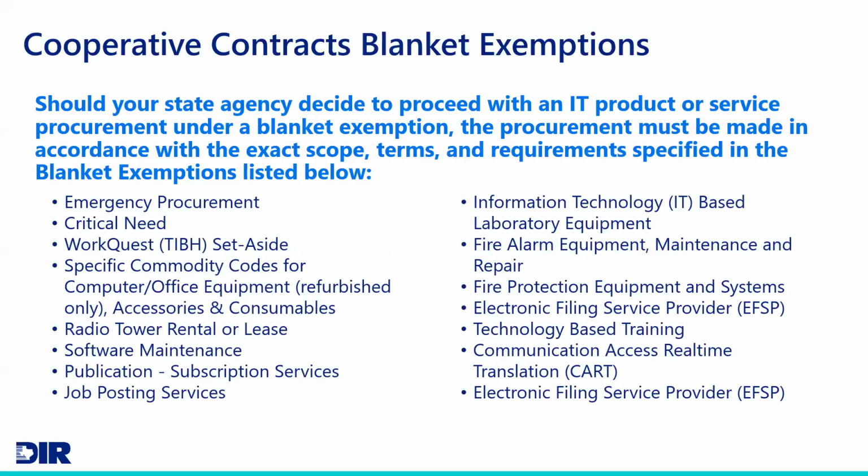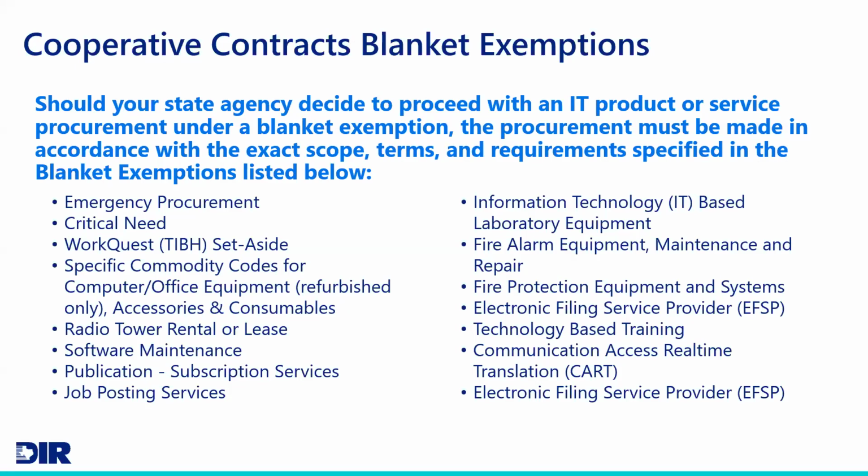We do have several blanket exemptions already in place for state agencies that cover you for certain IT products or services that you may need to procure. Those include things like emergency procurements, critical needs, the WorkQuest set-aside exemption, things like radio tower rental or lease. There's software maintenance available, and then there's other IT related products and services available for you to procure through a blanket exemption as well.